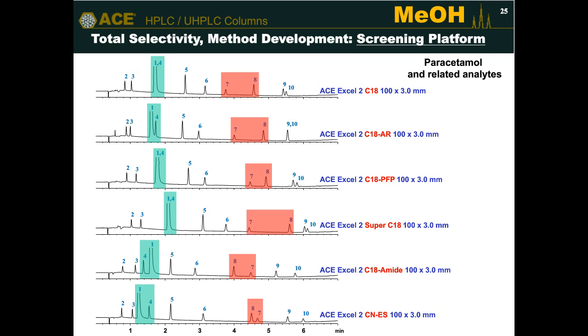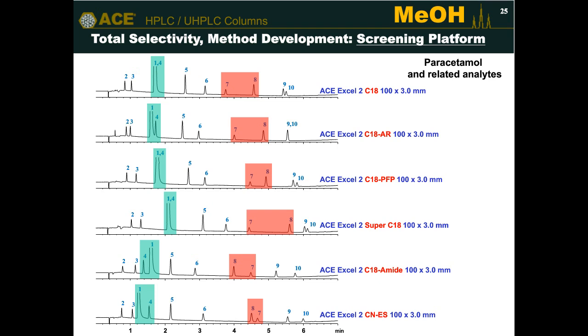But then when we get to the polar embedded C18 amide column, we have a reversal in the elution order. So that polar embedded phase is definitely providing us different interactions for this mixture of compounds. And then at the bottom, the cyano-ES also has a reversal in peak 7 and 8. So the selectivity is quite different for those last 2 column chemistries.